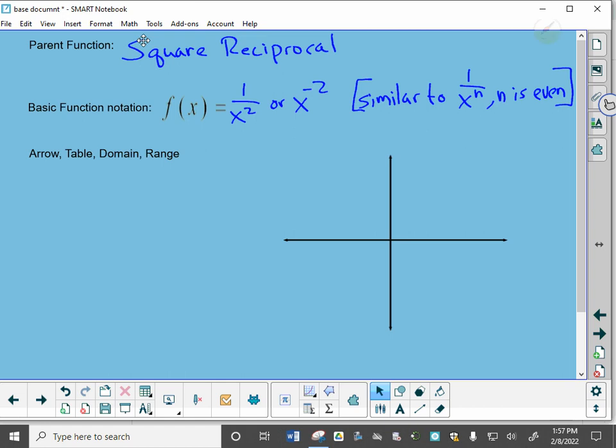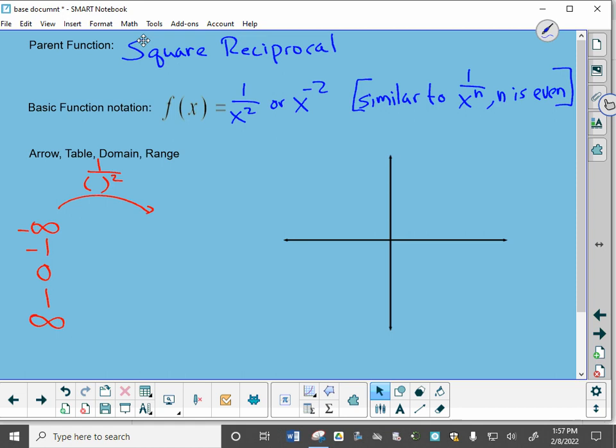Okay. So the arrow diagram for this, we'll symbolize it this way. And we want to talk about end behavior here. So negative infinity, we'll see what's going on at negative 1 and at 0 and at 1, and then at positive infinity. That should be enough points to get a sense of what's going on here.